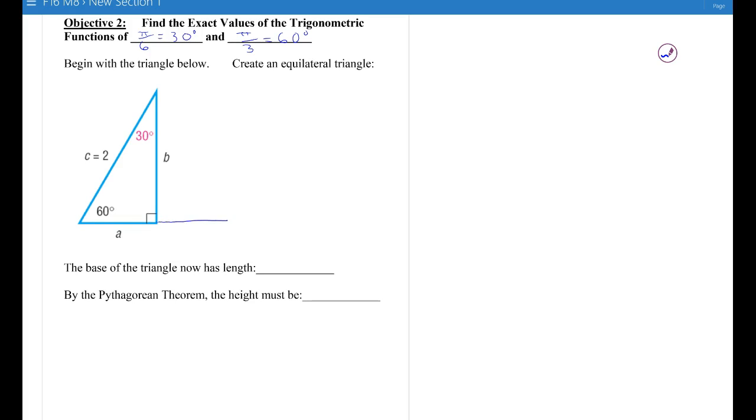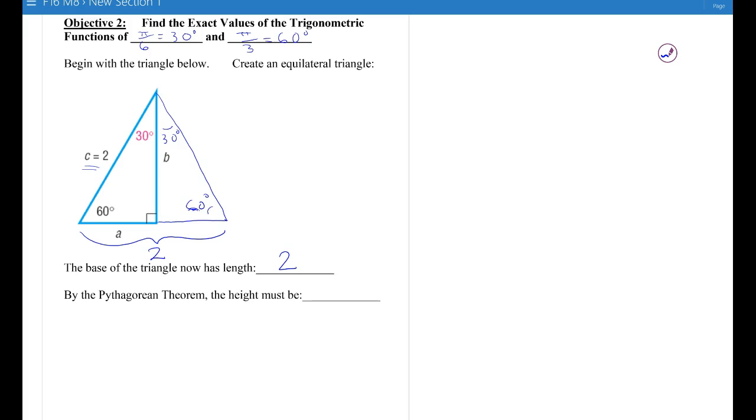So we're going to make 3 60-degree angles by making another 30-degree angle here at the top and a 60-degree angle here in the right corner. And that means if this side length is 2, the base of the triangle now has to have length 2, because we created an equilateral triangle. All the side lengths are equal, all the angles are equal.